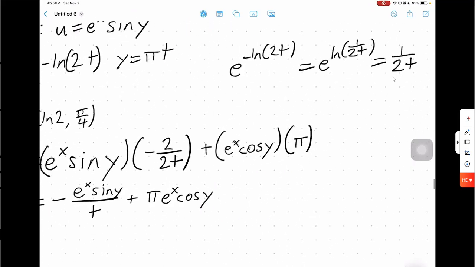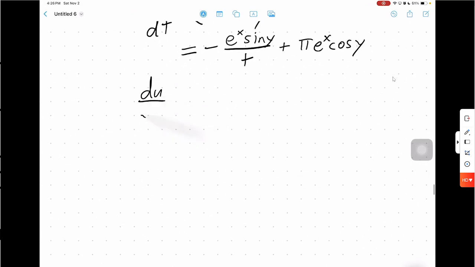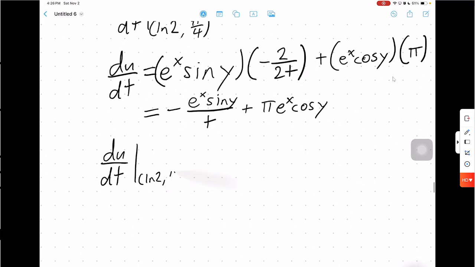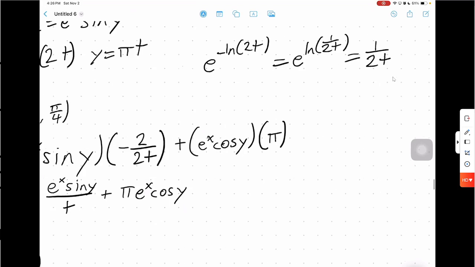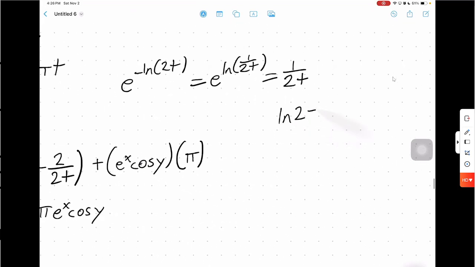And now we just plug it in, at the point ln of 2, pi over 4. Now, the only hard part of this will probably be figuring out t. But here we can just use a system of equations to do this.